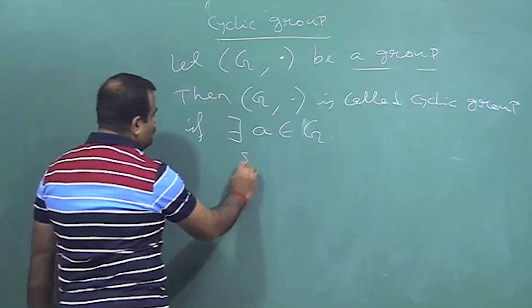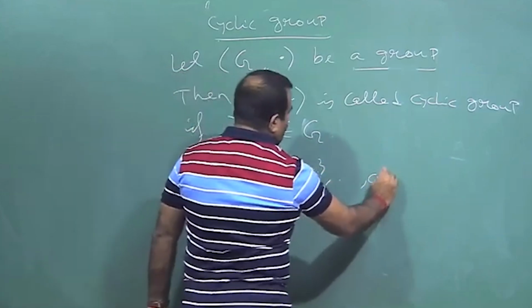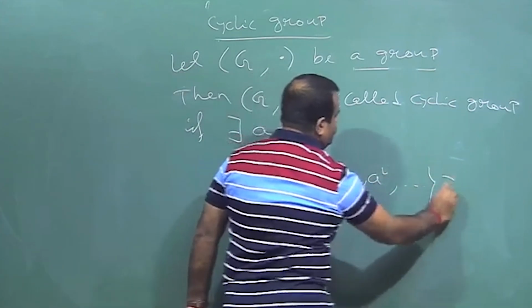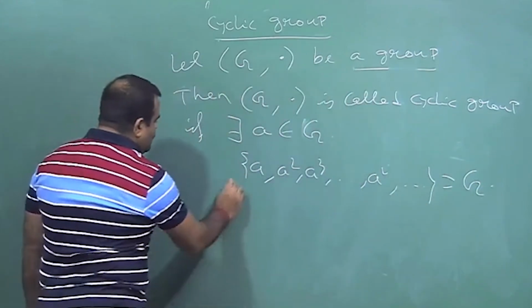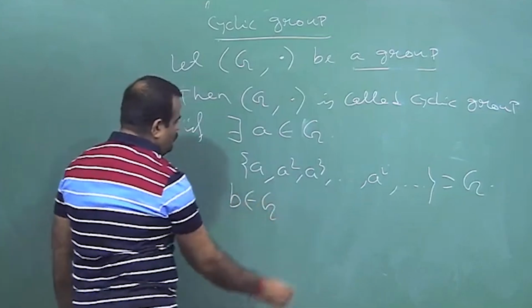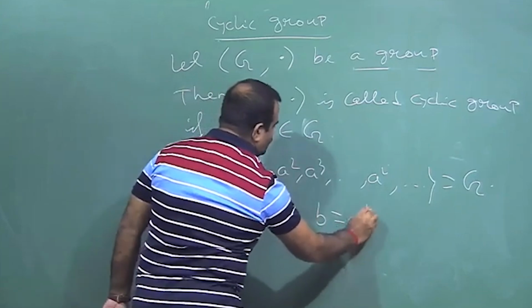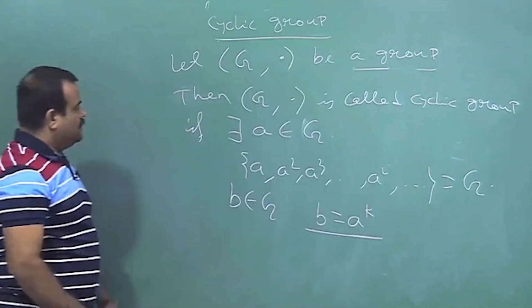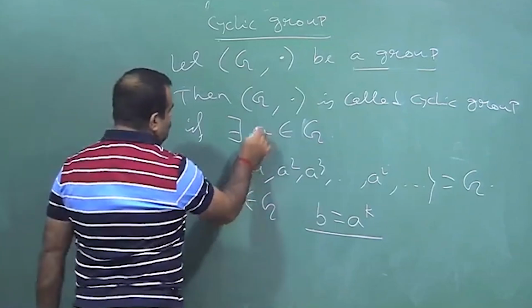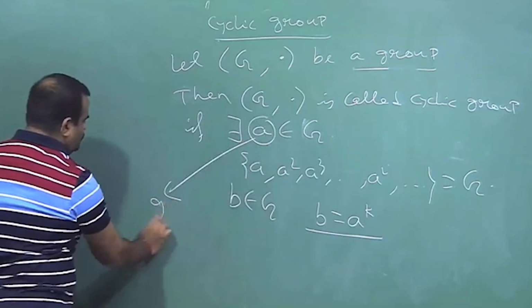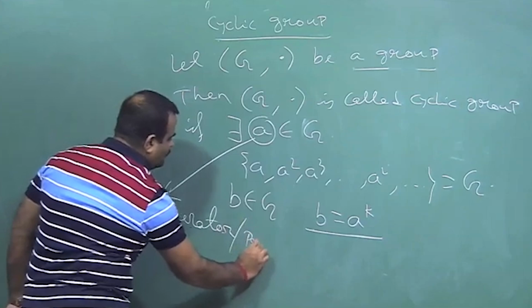That means if you take a square, a cube, a to the power i, this set will be basically G. So, any element from G can be written as a to the power k. Then this a is called a generator of that group, also called a primitive element.